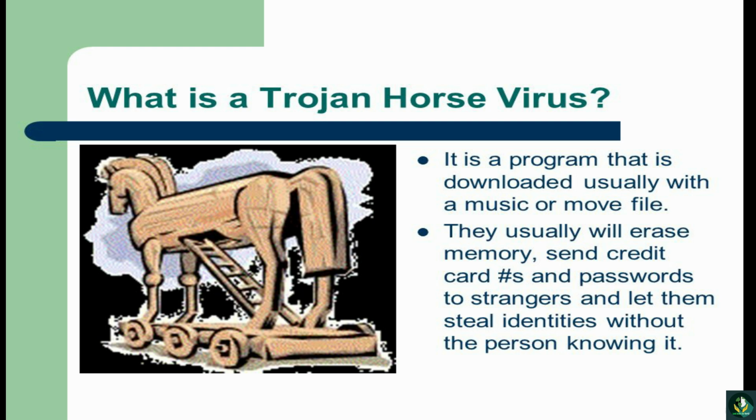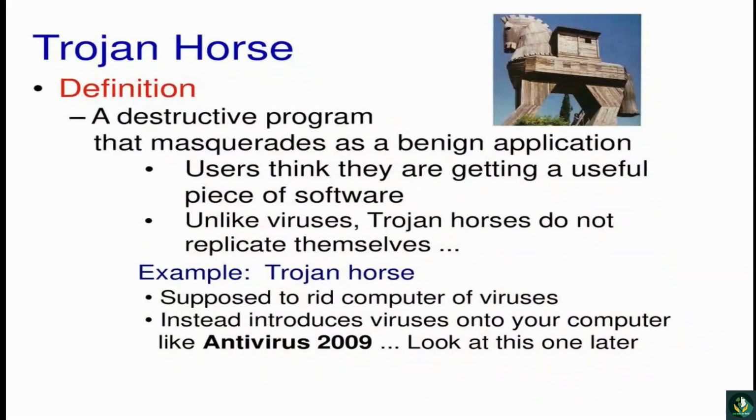I will explain what is Trojan and how it can work with your computer. So, Trojan horse definition: a destructive program that masquerades as a benign application. Users think they are getting a useful piece of software.